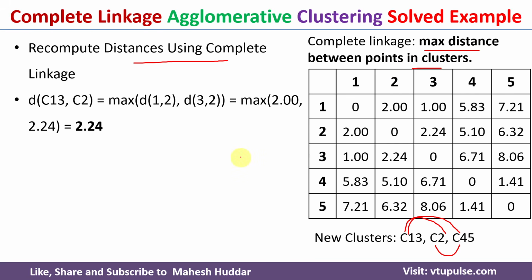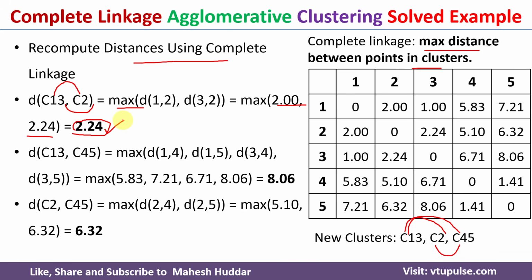First I will consider the distance between the clusters C13 and C2, which is the maximum of the distance between data point 1 to 2 and data point 3 to 2. The distance between 1 to 2 is 2 and the distance between 3 to 2 is 2.24. Between these two values, the maximum value is 2.24, so the distance between the clusters C13 and C2 is 2.24. Similarly, we need to find all the distances.